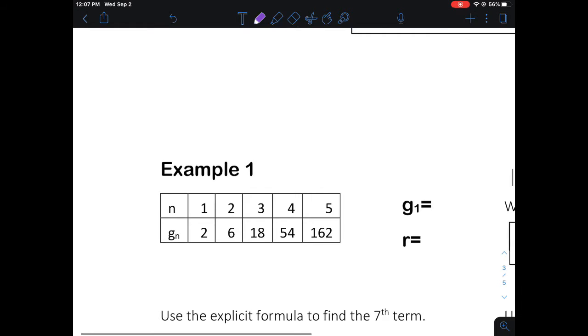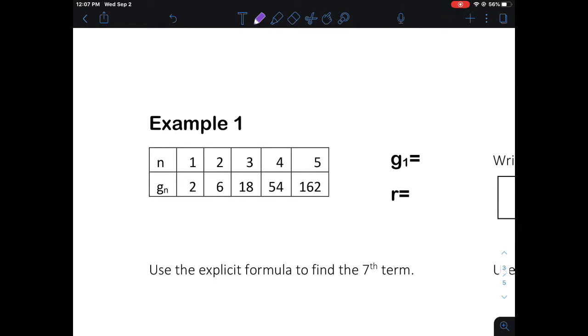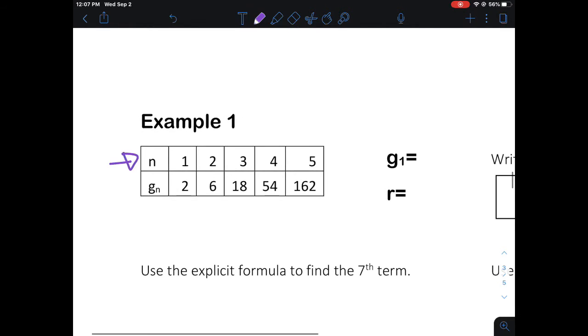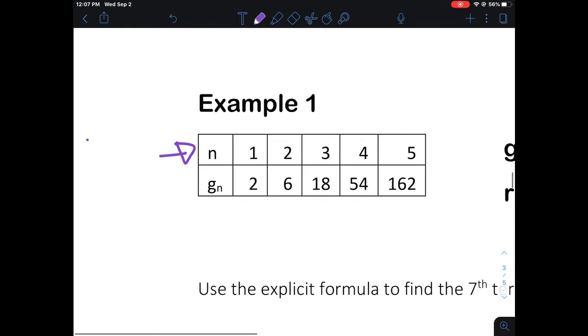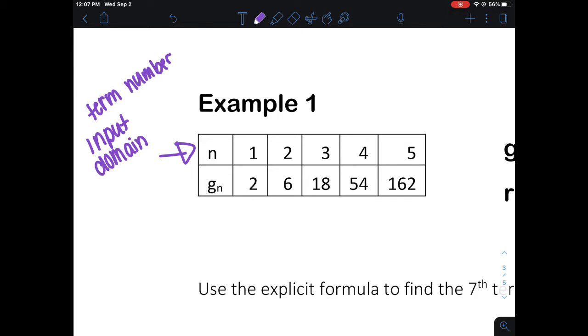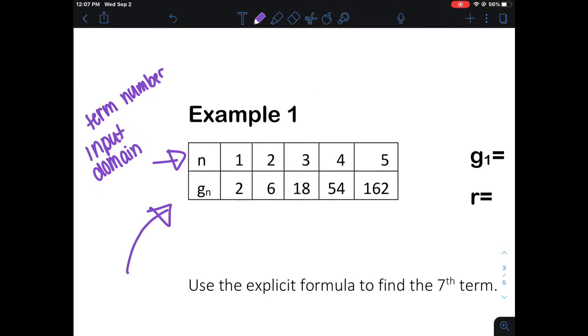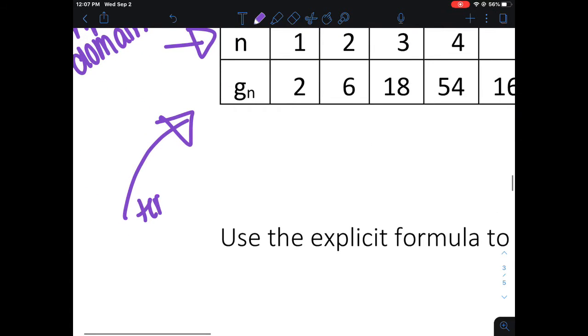So for this first example, we again have a chart where this is our term number. First term, second term, third term, fourth term, fifth term. It is our input or our domain, term number, independent variable. It's all that rolled up into one. G sub n is our term value.